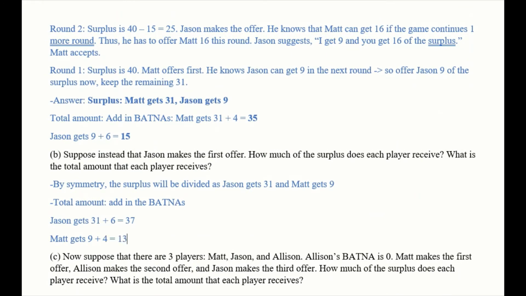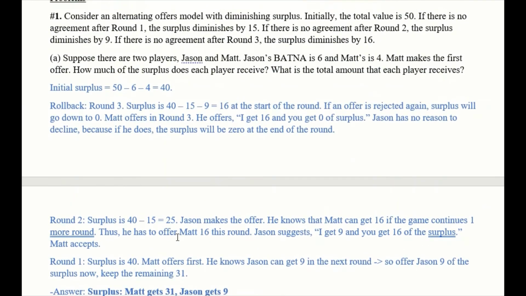So I got 13 overall. And again, you can double check yourself. The total amounts, 37 plus 13, should sum to the total value. 37 plus 13 equals 50, so that sounds right.